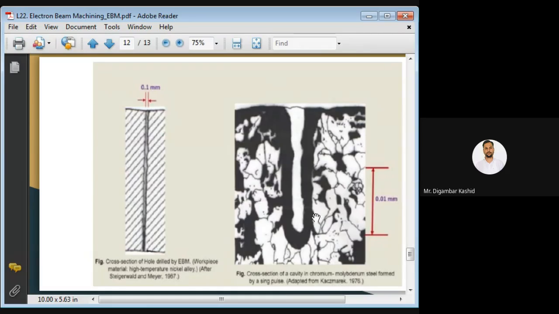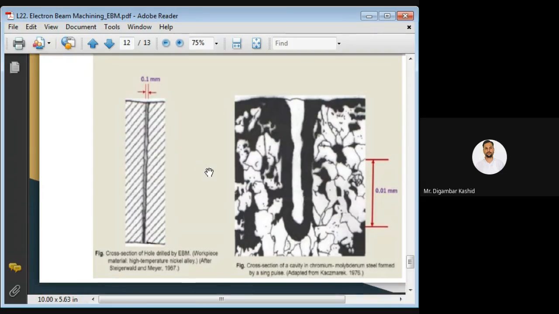I have taken this diagram from a research paper, actually from one of the NPTEL courses. So researchers are still doing research in this advanced machining field.